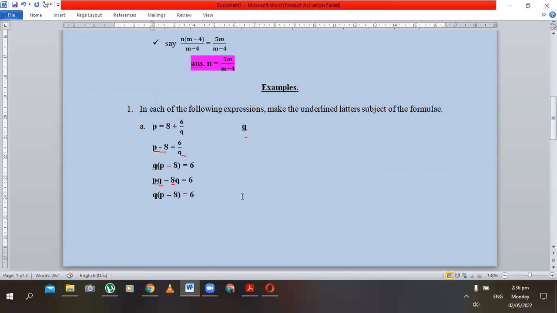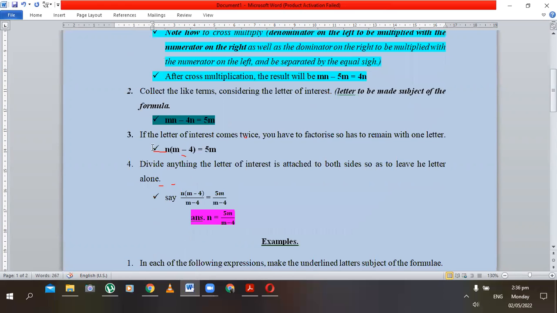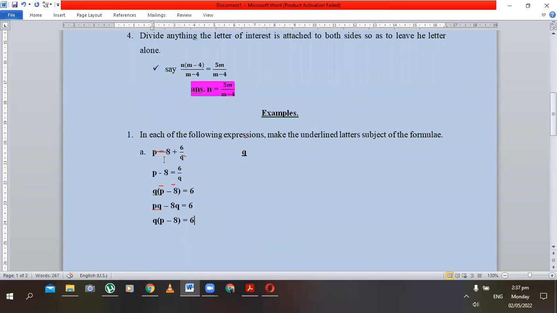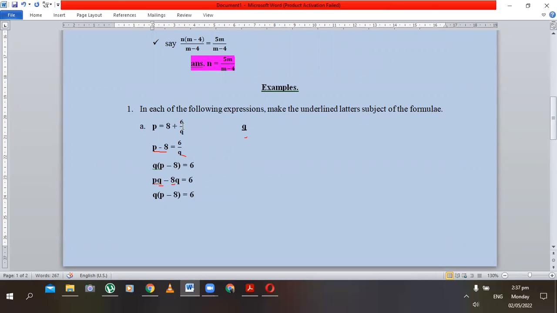And then from there, what is the fourth step? The fourth step says divide anything the rate of interest is attached to. So we are going to divide here by P minus 8. Also here, P minus 8.